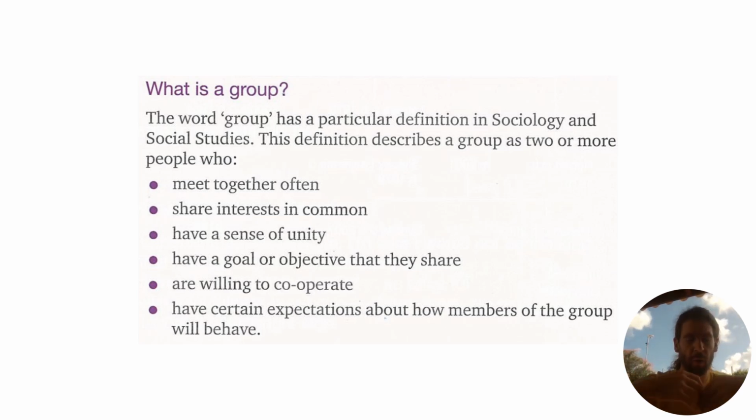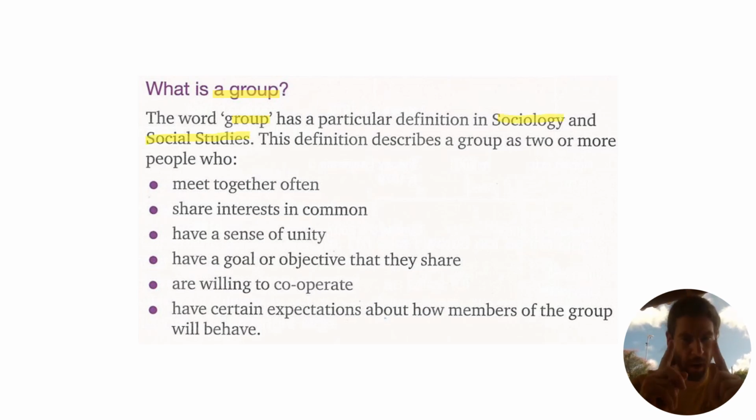This video is about belonging to a group, chapter 2, and is an additional shorter video because the last part I actually forgot. We're talking about belonging to a group, specifically what is a group. The word group has a particular definition in sociology and social studies.